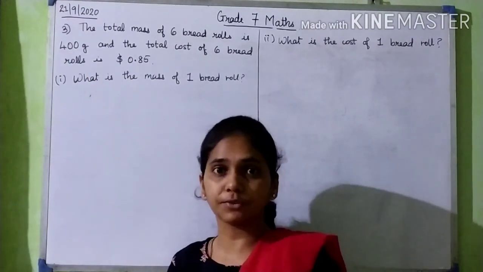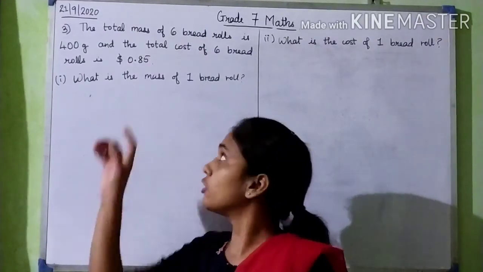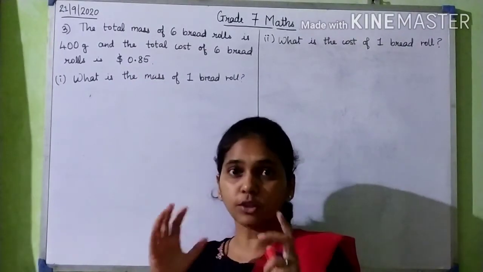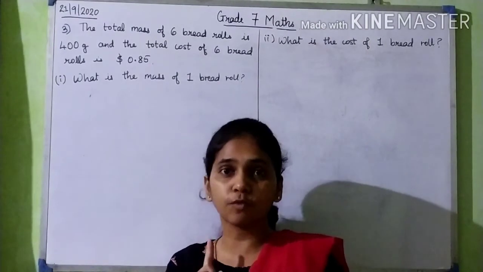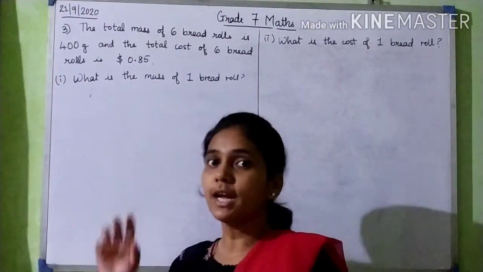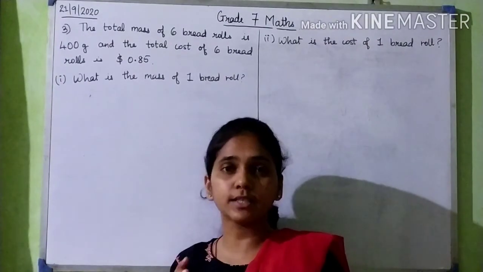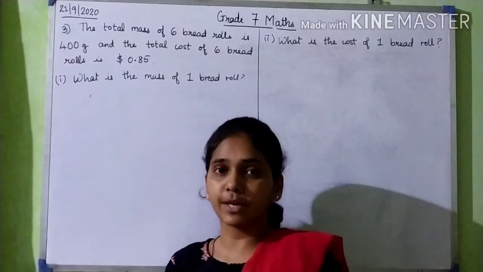The total cost of 6 bread rolls is $0.85. So if the total weight is given, we have to find the weight of each bread roll, and similarly, if the total cost of 6 bread rolls is 0.85, we have to find the cost of one bread roll.